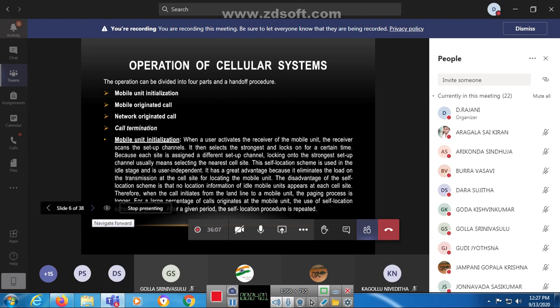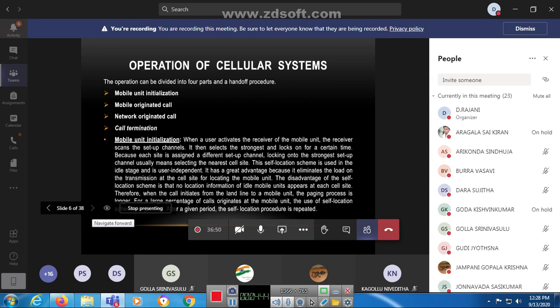So that is the mobile unit initialization. It mainly requires setting up the channel, and the receiver channel scans the setup channel. After that it locks the strongest signal, and only then will it give the signals to the transmitting channel. For example, one person wants to dial another person's number. 401 is the transmitter and 402 is the receiver.